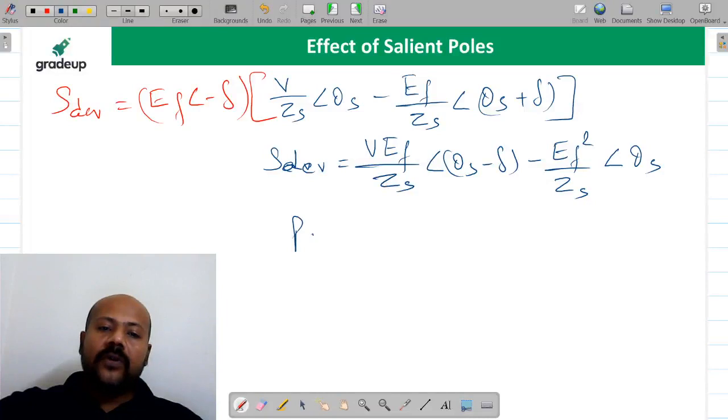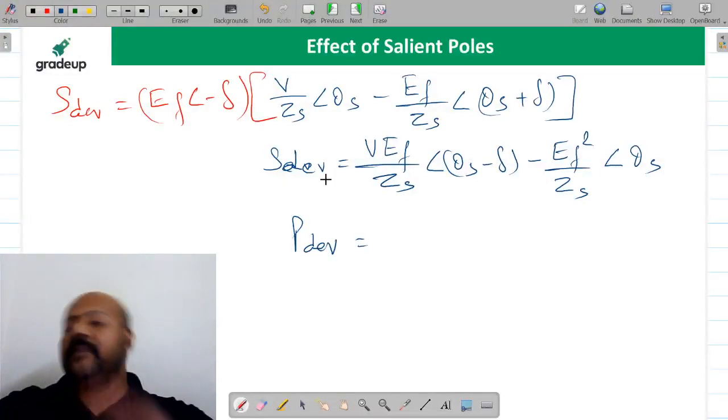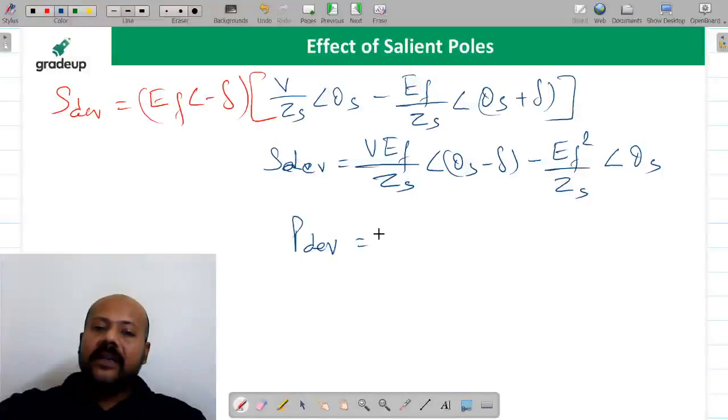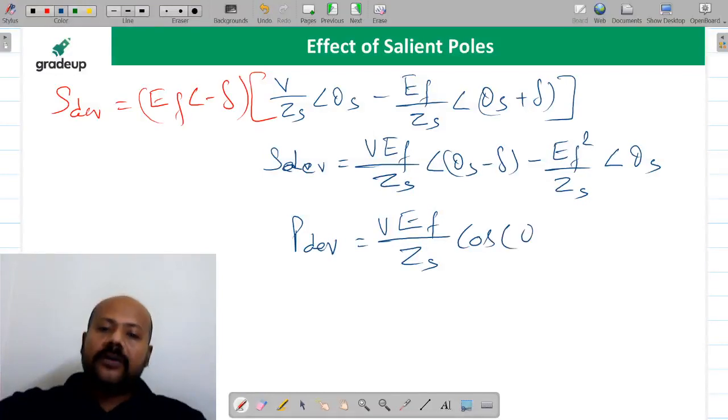Now if you want to know what is the real power developed, then you have to just compare the real and imaginary part. So I am writing the real power developed, so it is going to be VEF upon ZS, and this is going to be cos of theta S minus del minus EF square upon ZS, and this is going to be cos theta S.